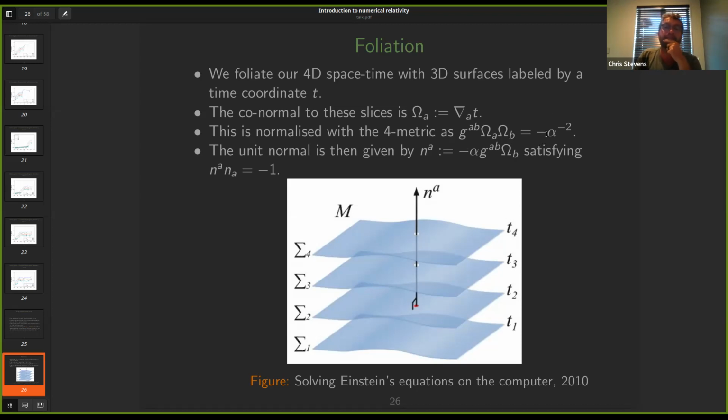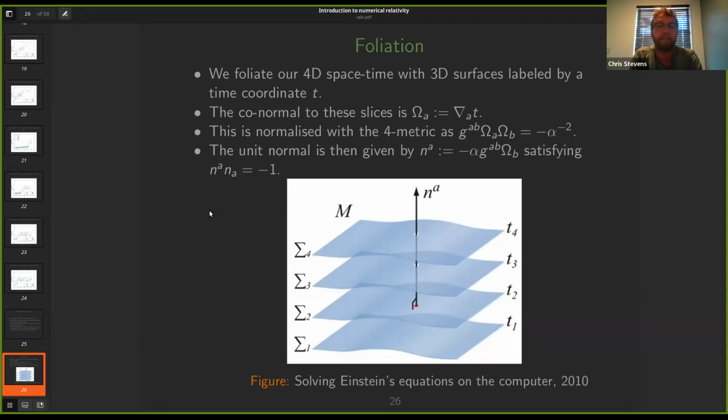And this is the lapse that we'll be talking about in more detail later. And given this, we can define the unit normal n upstairs a by this. So we're just going to raise the downstairs index with the metric, multiplied by minus alpha, and you can tell pretty easily here that the inner product of n with itself with respect to this metric is minus 1.